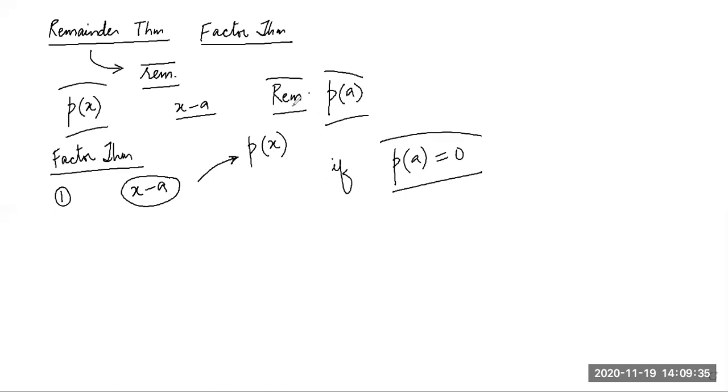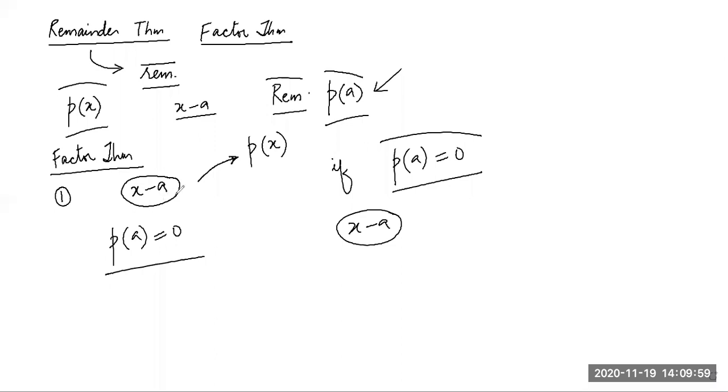In the remainder theorem, they only state what the remainder is. In the factor theorem, they state that in case x minus a is a factor, then p of a will be 0. Or if p of a is equal to 0, then x minus a is a factor. So these are vice versa of each other.